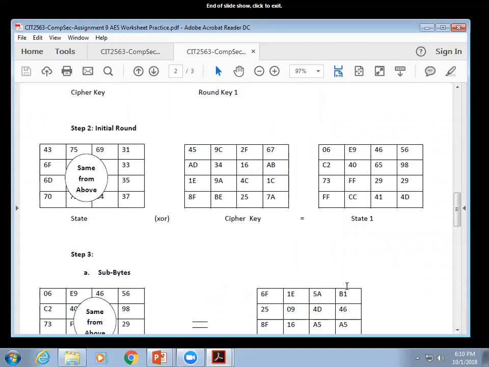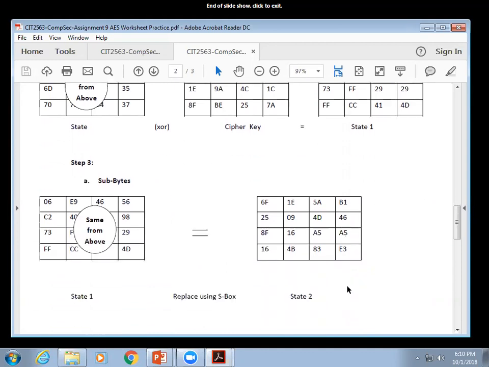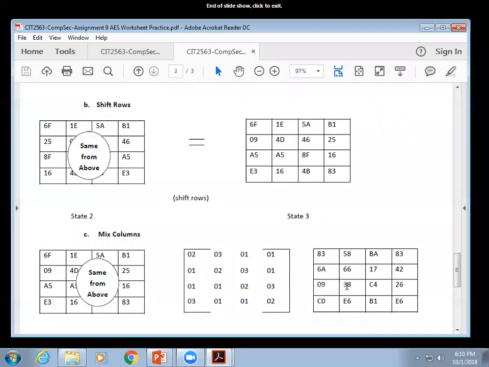So now when you're doing it, I give you state and the cipher key, and you got to give me state 1, for instance. Okay? So none of your homework questions build upon each other. I give you the state and the cipher key, and you got to come up with state 1, or whatever. I give you state 1, and you need to come up with state 2, so on and so forth.